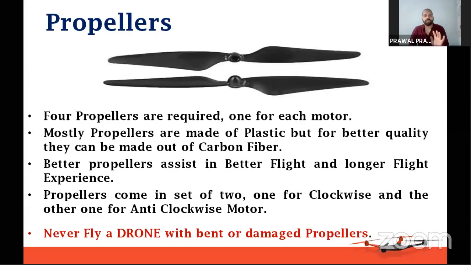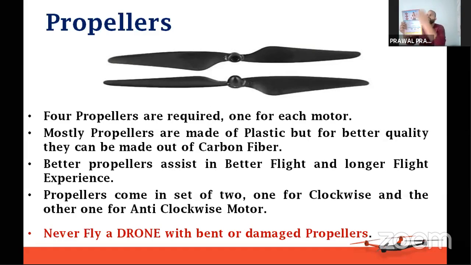And there are two sets of propellers. Like this is a drone, so there are four motors in a drone. One motor at each corner, so there are four motors. These motors, this one and this one, work clockwise, and this one and this one go anti-clockwise.